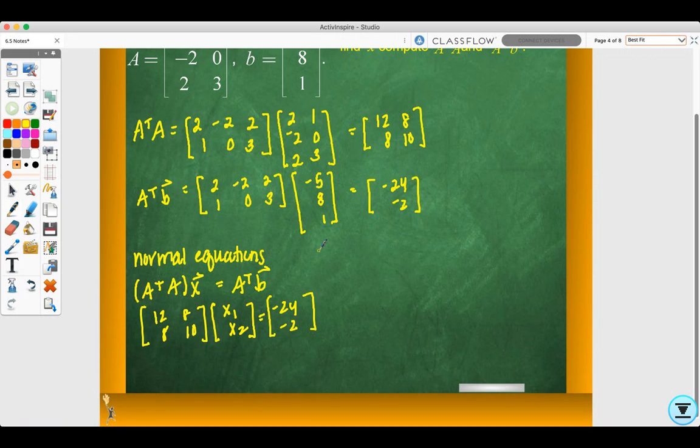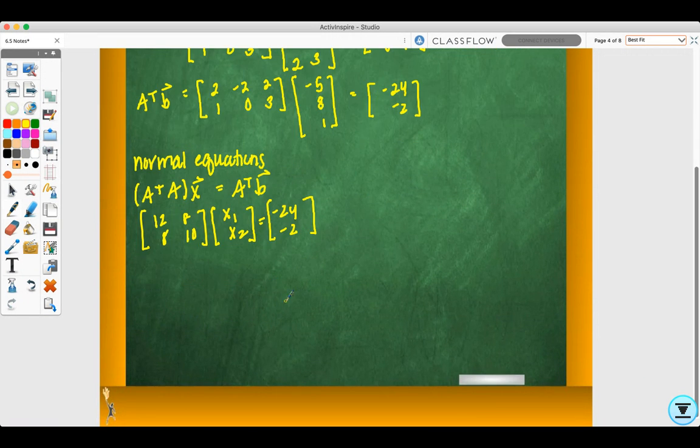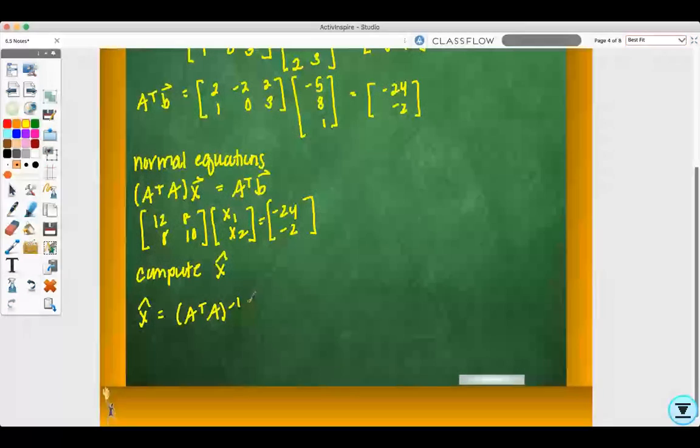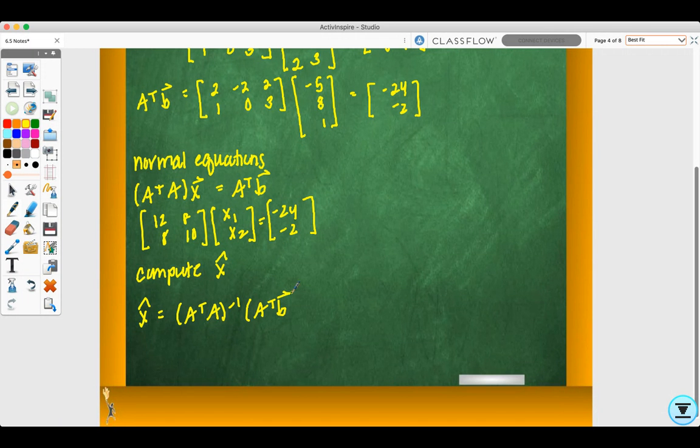And then we need to compute x hat. To do that, x hat would be A transpose A inverse times A transpose b.